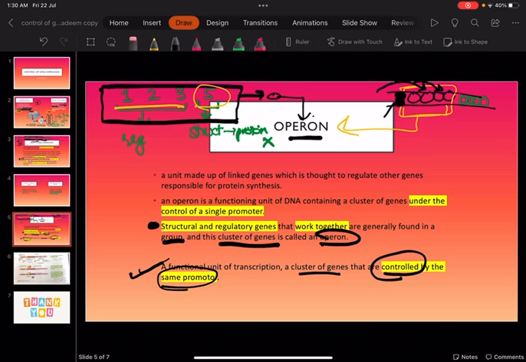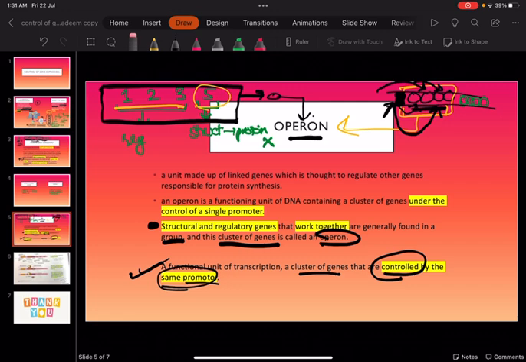If the promoter has a repressor on it, then these genes are not going to get activated, they're not going to produce the proteins. The regulatory genes are not going to regulate, the structural gene is not going to produce the required protein. So the promoter not only controls the regulatory gene, it also controls the structural gene. The promoter controls the operon. I hope that you understand this.